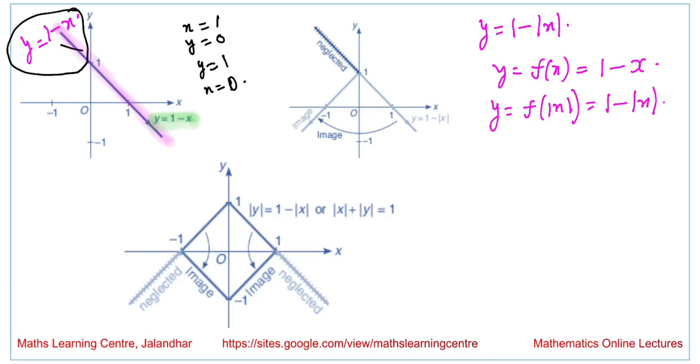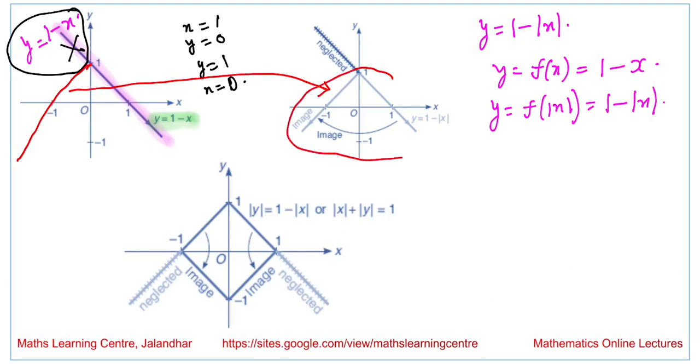We take the image of the remaining portion, and we obtain the graph in this form. This is the graph of the equation y is equal to 1 minus mod of x.